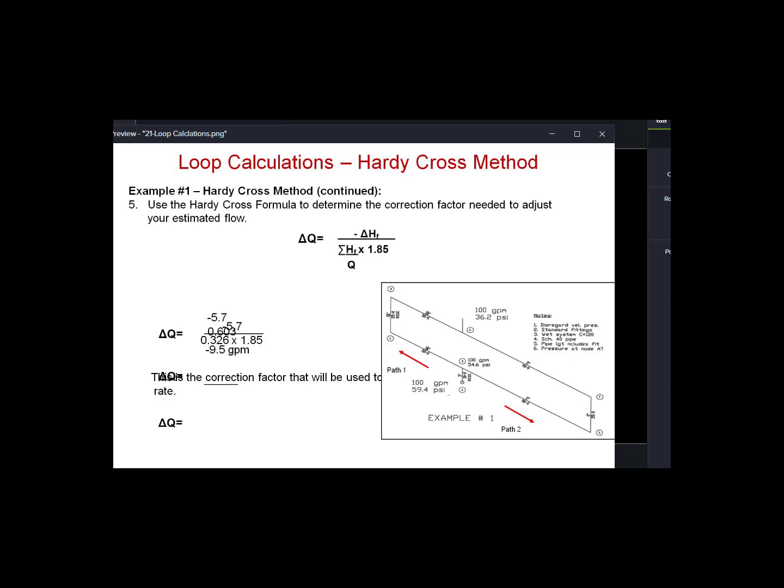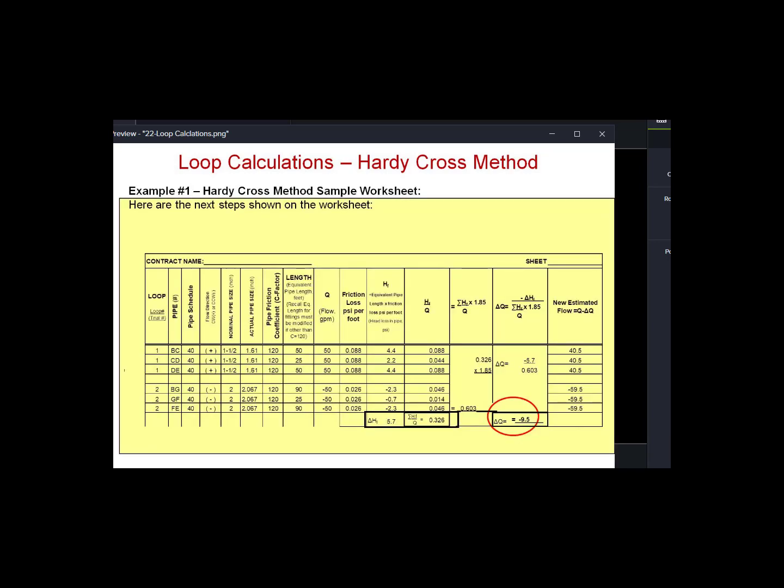So with this, ΔQ is equal to minus 5.7 divided by 0.326 times 1.85, equals minus 5.7 divided by 0.603. ΔQ is equal to 9.5 gallons per minute. This is the correction factor that will be used to adjust the initial estimate for the flow rate. This is the worksheet for the steps.